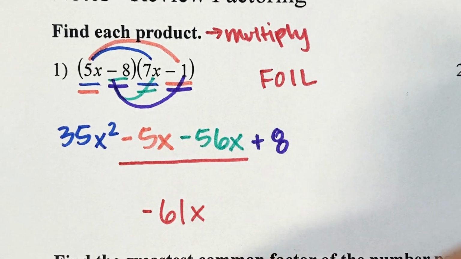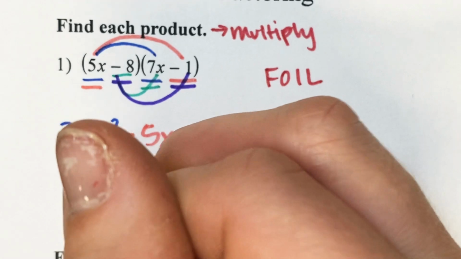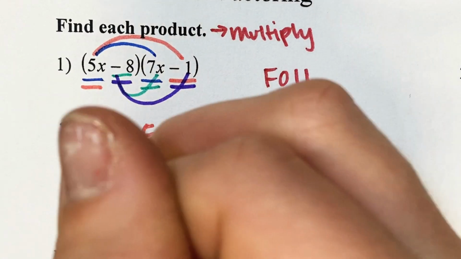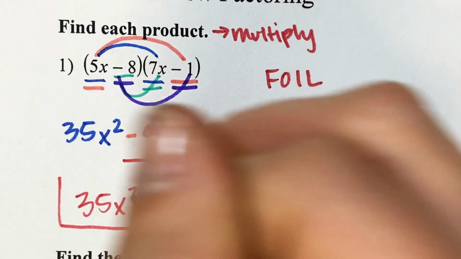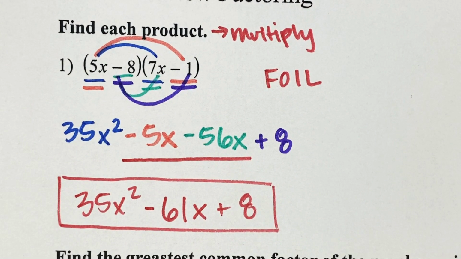Bring down your 35x squared in front and your plus 8 in the back. And there is our product, our quadratic expression.